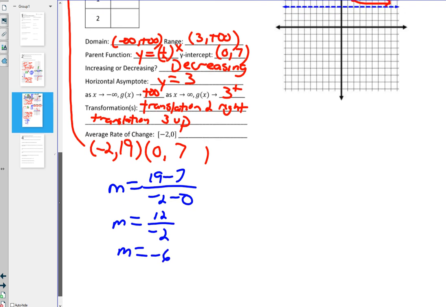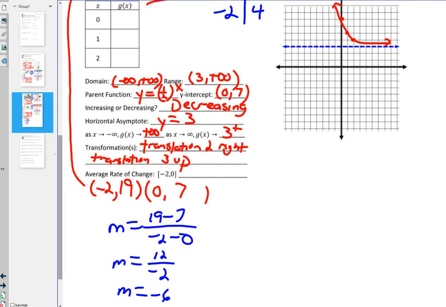If you want to try to put that into context and see if it makes sense, I know that this -2, 19 would be somewhere way up, above the graph, and then 0, 7 is down here. So yeah, it would be a negative slope.